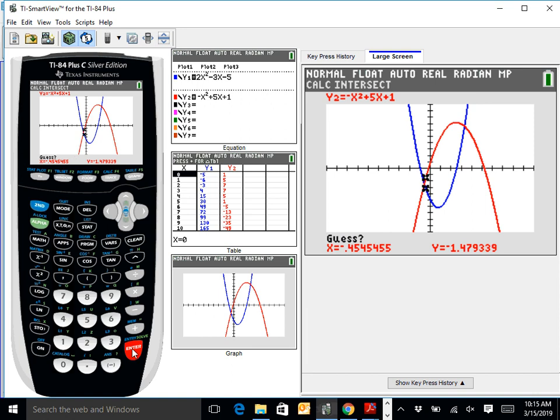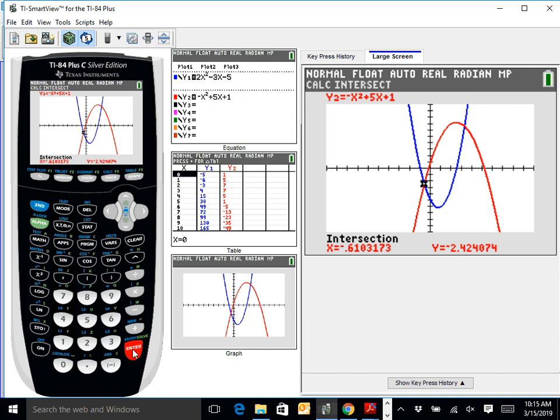When I find that left bound, it's negative 0.610317. Now, because I'm using this number to get another answer, this isn't my final answer. I want to make sure that I use all of those decimals. And whenever you do an intersection, the x is stored as Ans.